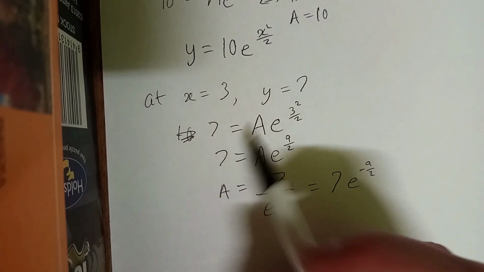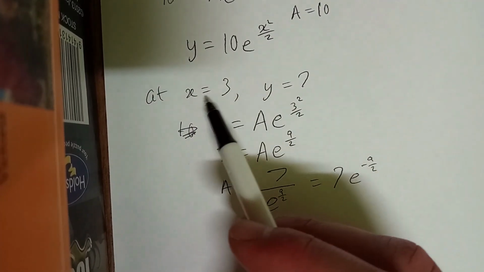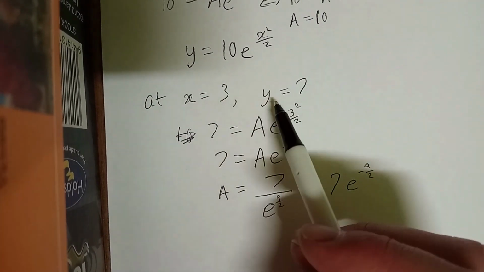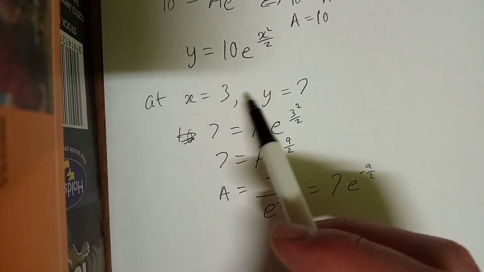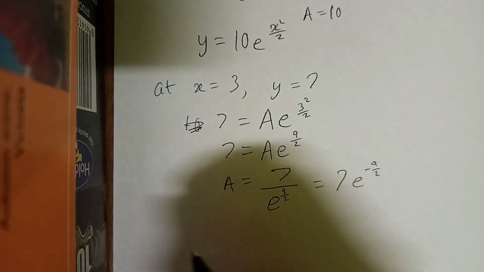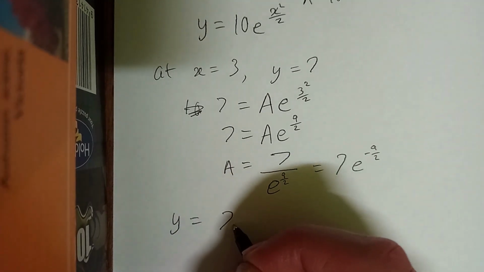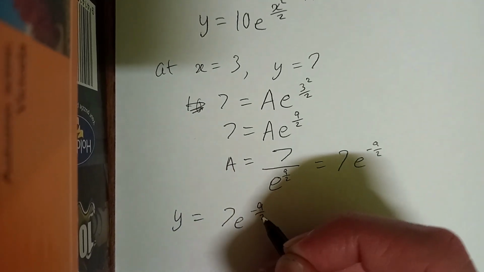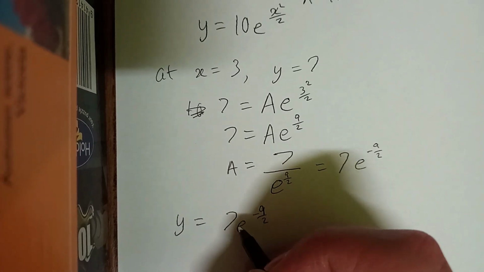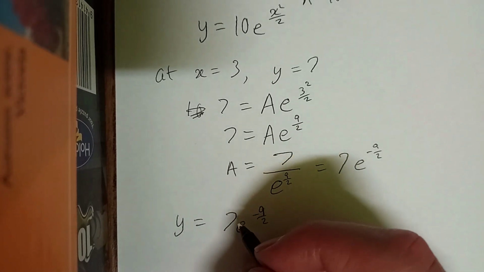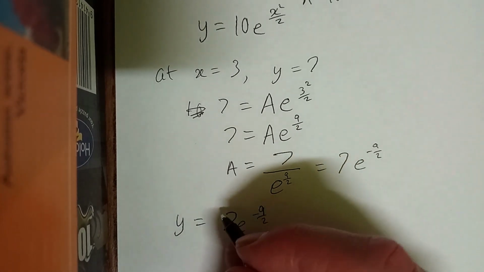So if we had this other, more messy case, so to speak, we'll get a more complicated looking solution: 7e to the negative 9 over 2. And remember, this is still some constant. It's an exponential of a constant, which is itself a constant.